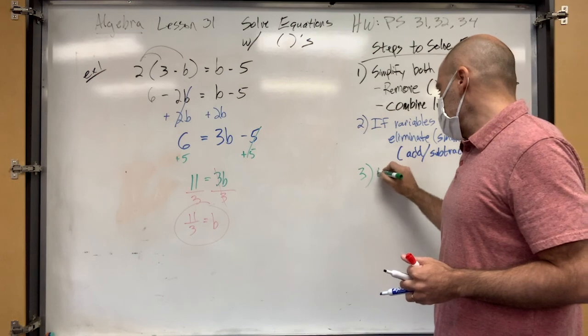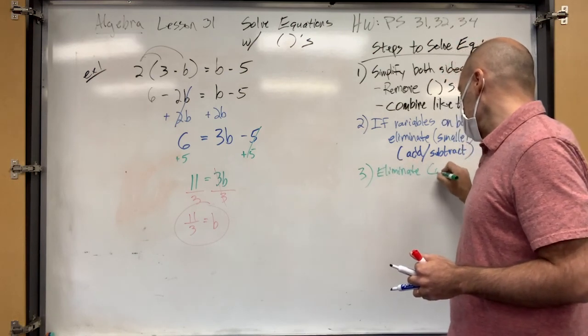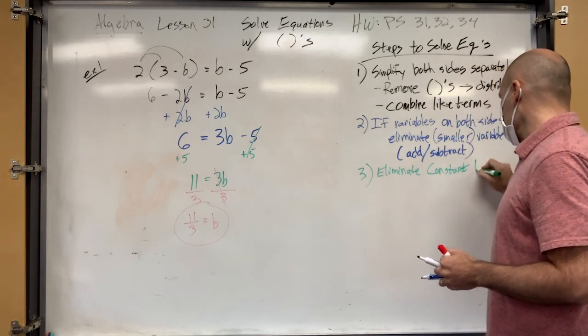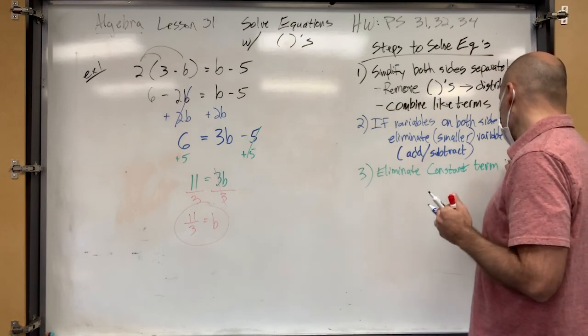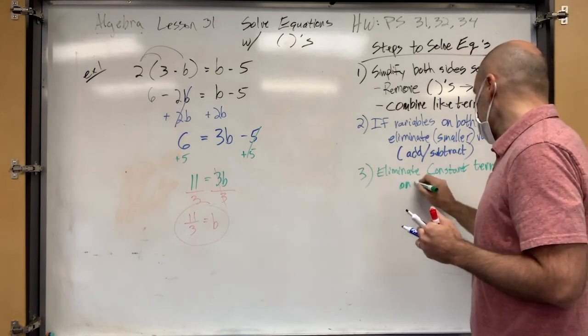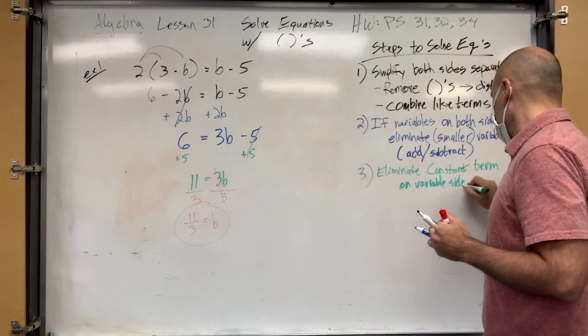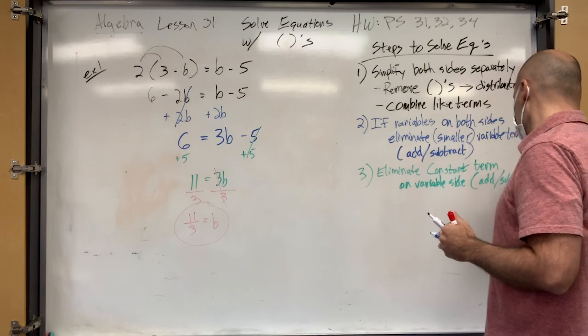So eliminate constant on variable side. Constant term, I'm going to put that in there because terms are added or subtracted, right? On the variable side. So add or subtract.